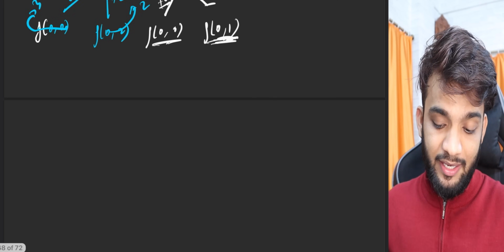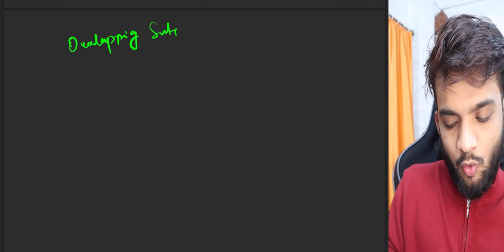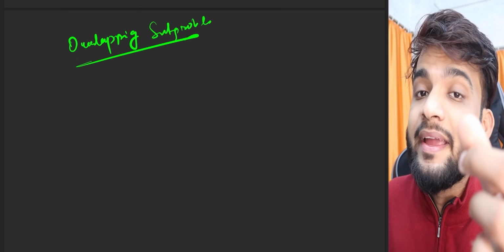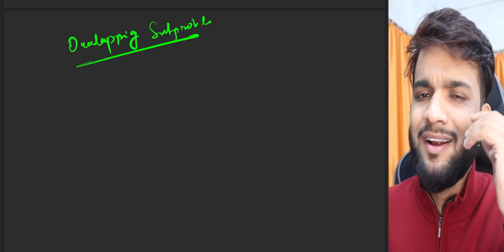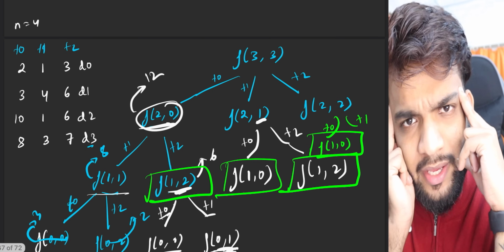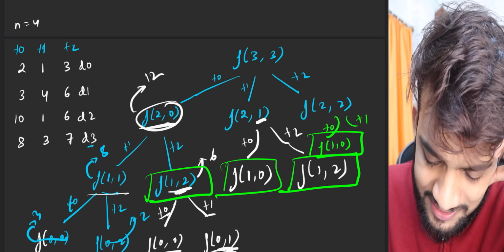So we have again concluded that there are overlapping subproblems, and if there are overlapping subproblems, what do you need to do? You need to do one thing. What is that? Memoization. Yeah. And what is the easy step? You go back and say, okay, hey function, what are your changing parameters, or what are your states? I see there are two states.